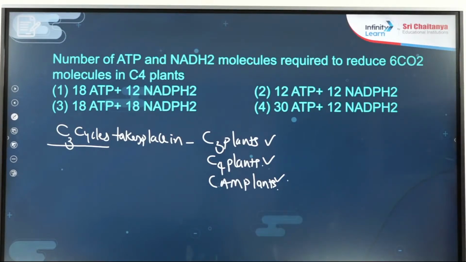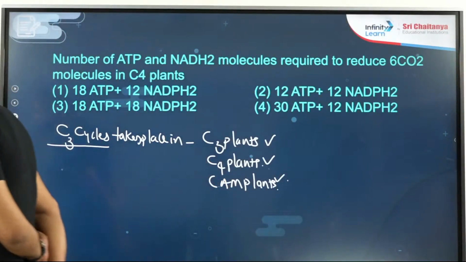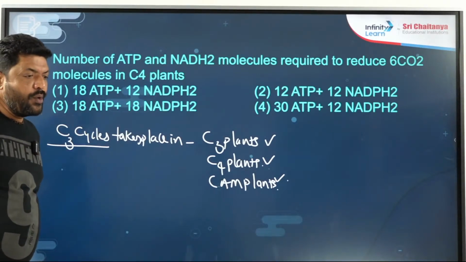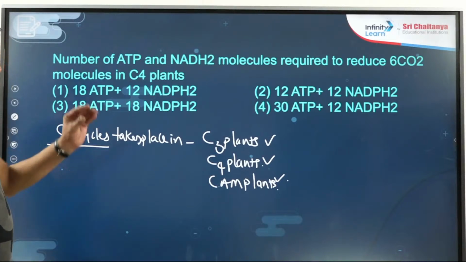CAM, crassulacean acid metabolism. CAM plants are also known as succulent plants, like aloe vera, bryophyllum, Chenopodium and Portulaca oleracea. Leaves are fleshy.